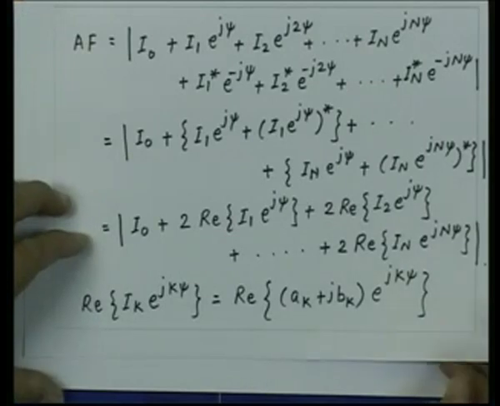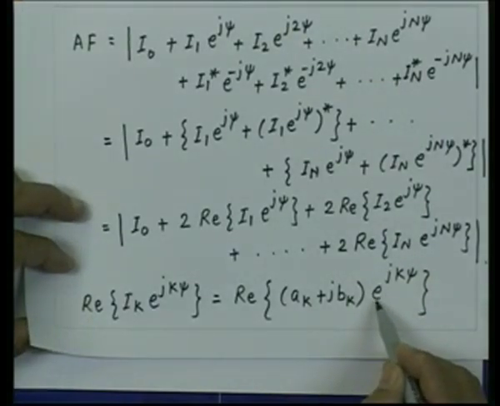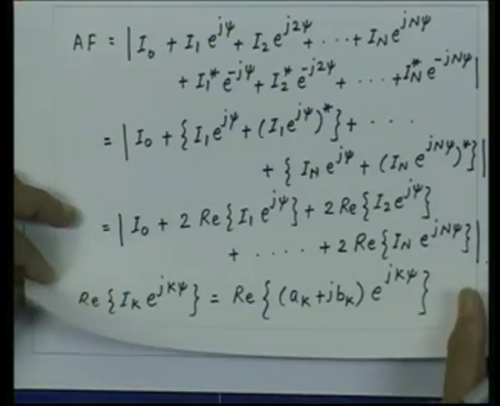Now, if I take this I can expand e to the power j k psi as cosine of k psi plus j sine of k psi.